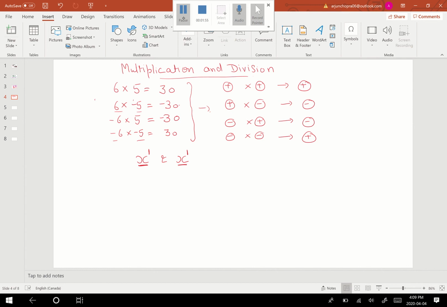So when I multiply x times x, I'm going to represent it with a dot. The dot means times. So x times x is x square.